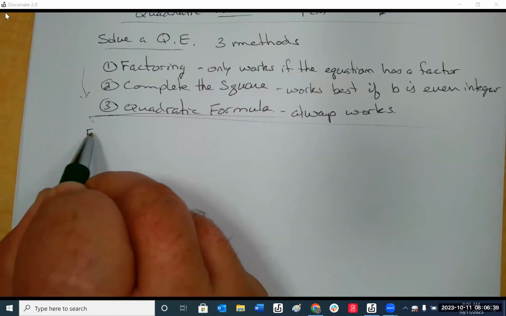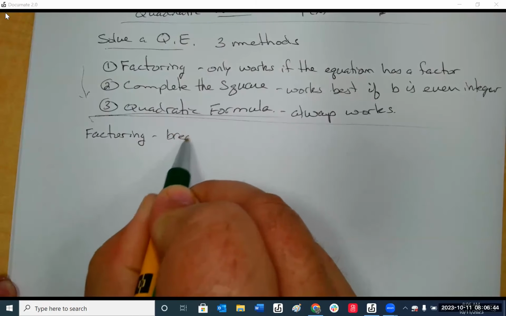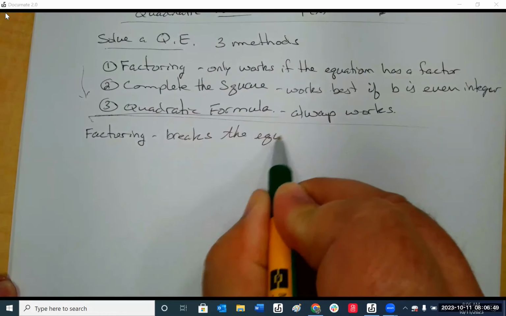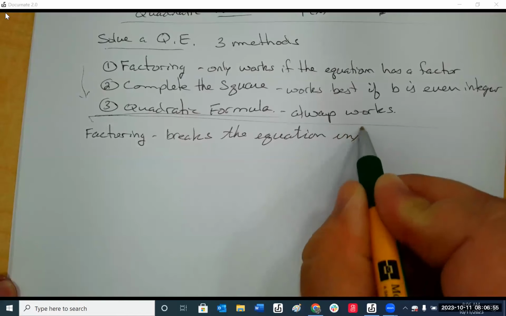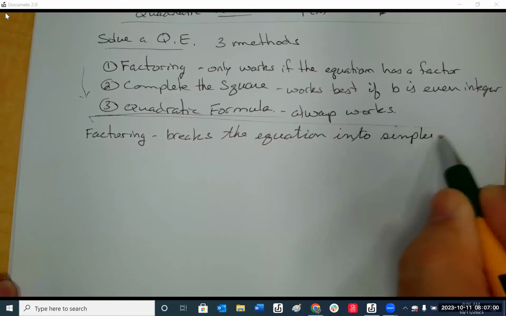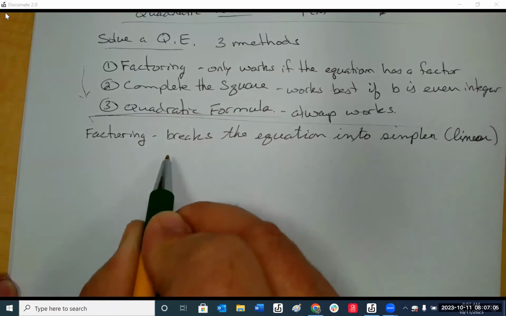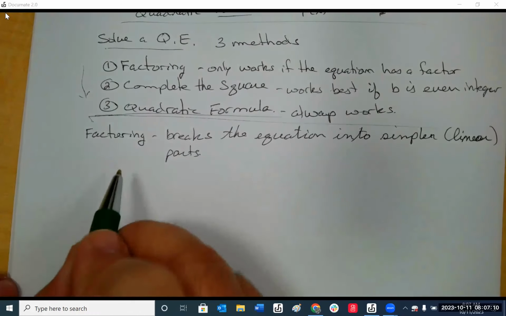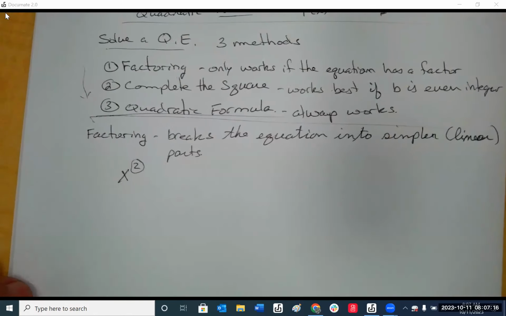Factoring breaks the equation into simpler linear parts. Remember, the quadratic equation is quadratic because the power is 2.